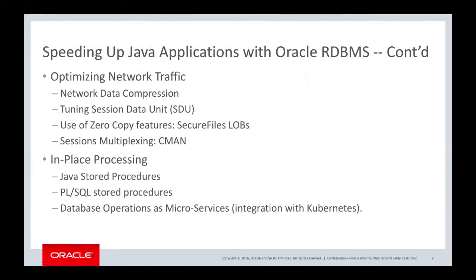So let's say you want to retrieve 10 megabytes of JSON document or XML document. By default, in previous releases, the maximum size of the SDU was 32K, and then I think in 12.1 it got bumped to 64K, and in 12.2 it's now up to 2 megabytes, if I'm not mistaken on the releases.